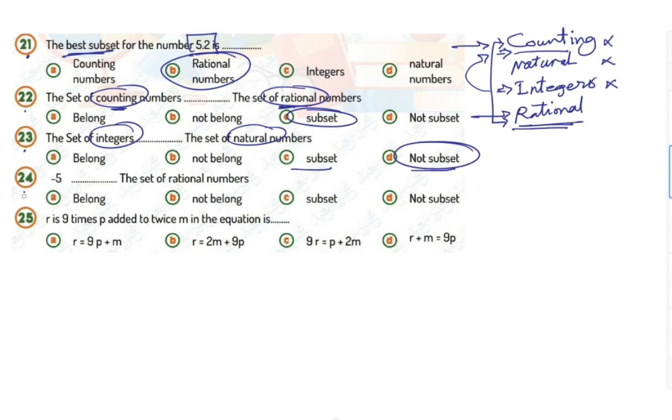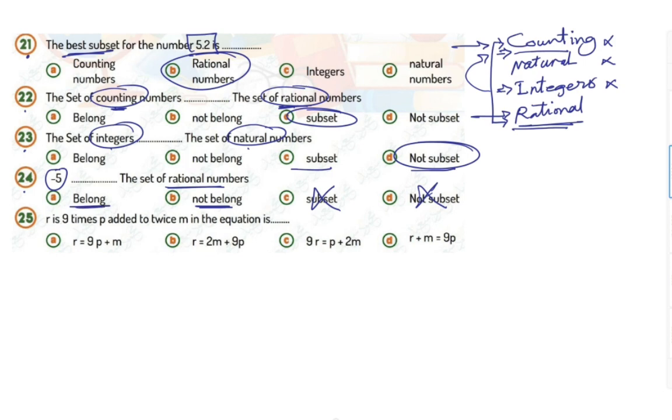Question 24. -5 is a number. When you have a question between two groups, counting and rational, integers and natural, we use one of subset or not subset. But if you have a relationship between a number and a set of numbers, I don't use subset or not subset. I use one of them, belong or not belong.